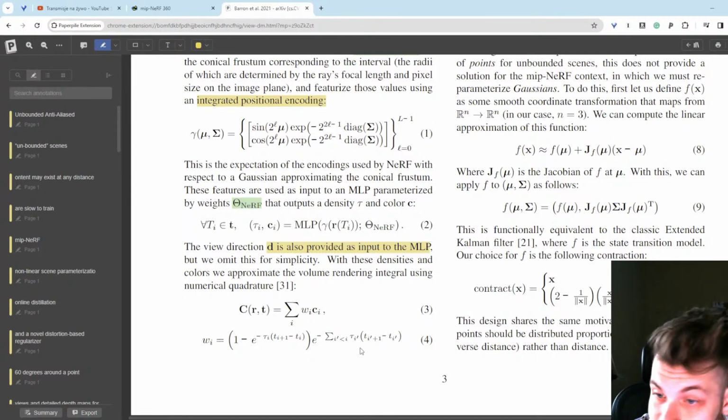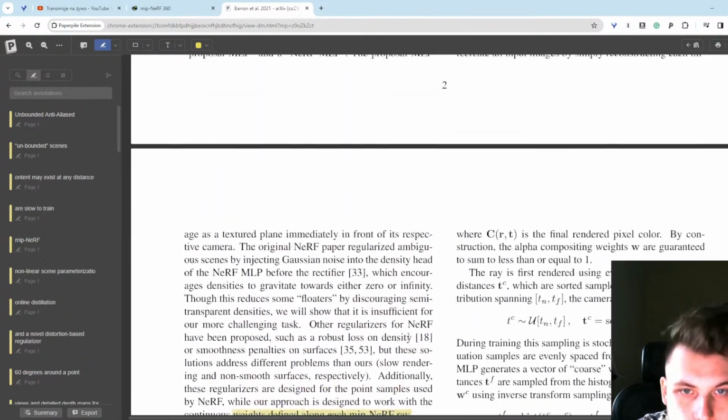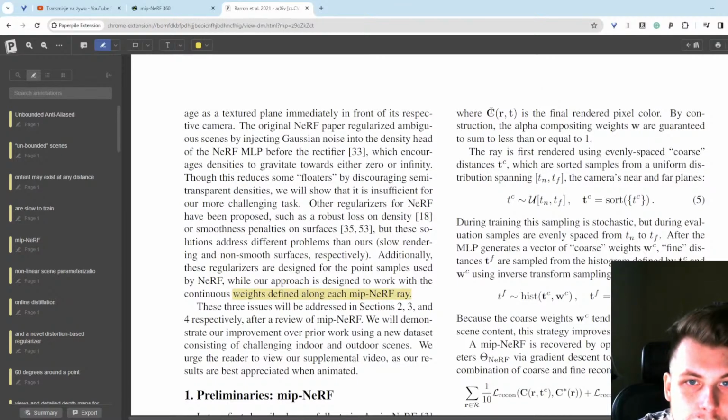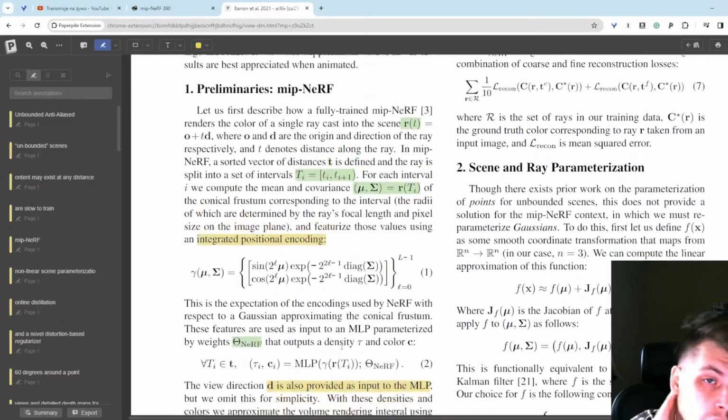This is how we extract this particular weight value, depending on the density estimation and the size of the interval, right? That's great. And this is the final rendered pixel color, right? Cool. By construction, the alpha compositing weights W are guaranteed to sum to less than or equal to 1, because of this calculation here.